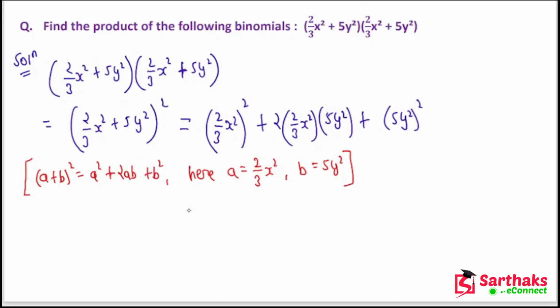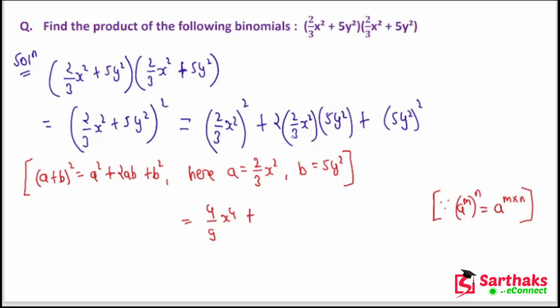So after opening we will get (2/3)² would be what? 4/9, and (x²)² would be x raised to the power 4. You can also write here, since (a^m)^n is equal to a^(m n), the power to the power gets multiplied. So 2 into 2 would be 4.